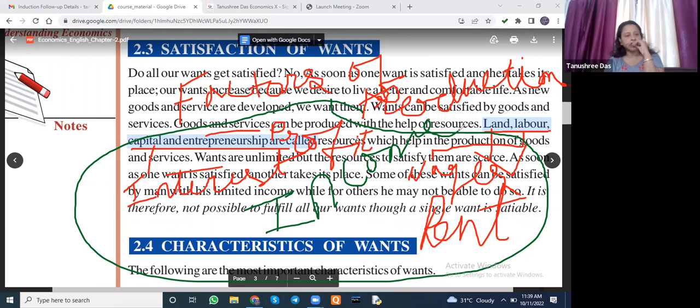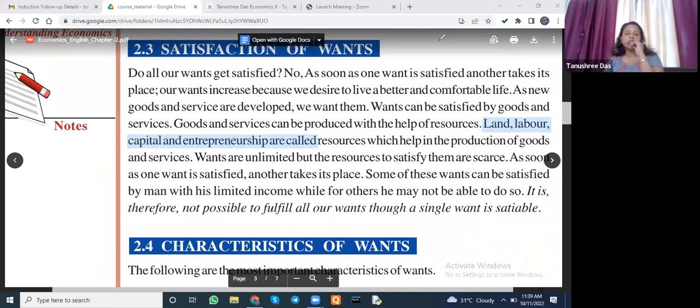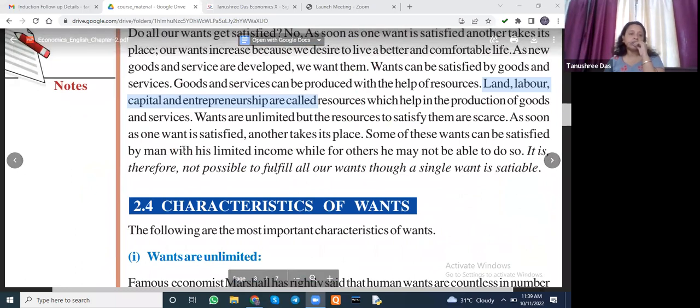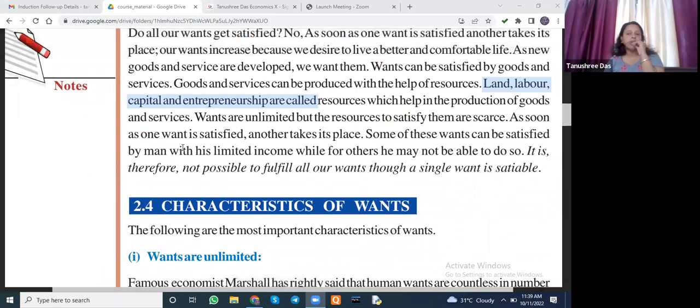From this paragraph, we can understand that all the wants cannot be satisfied by an individual. At a time, you can satisfy only one want, because the wants are unlimited and the resources for satisfying them are limited.